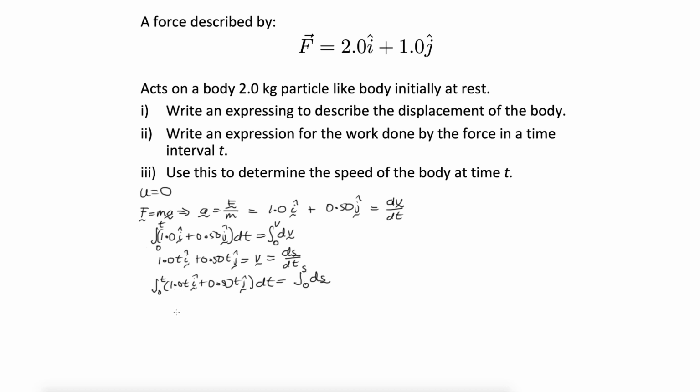So integrating this, we get 0.50 t squared i plus half of half is 0.25 t squared. And then when we substitute in 0, we've got zeros here, so that's right, substituting in these limits. And then when we integrate this, we have s.